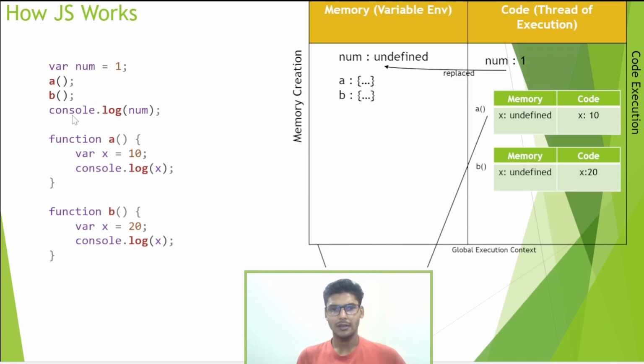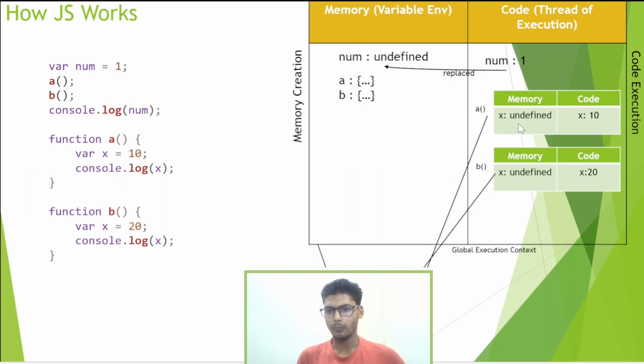Now from line number 3, b will be called. The same thing happens, an execution context will be created for b also. x is in the memory, x is defined with undefined value. Now this will also be pushed in the call stack. So on top of the global execution context, our b is here.